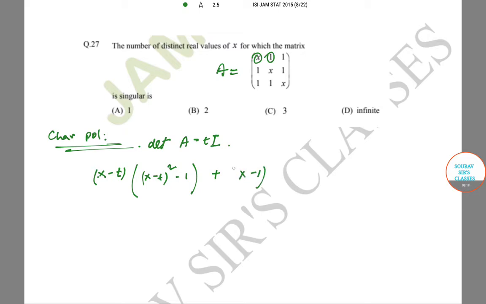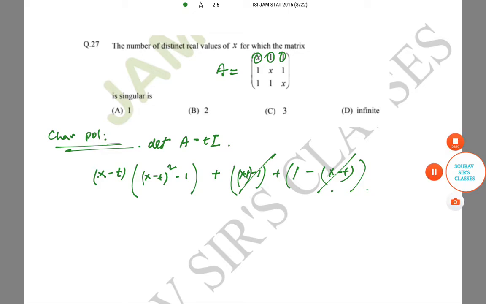If you take this and the next block, then we have x minus t minus 1 plus 1 minus (x minus t). So this gets cancelled out. But no, it actually doesn't get cancelled out, I beg your pardon.